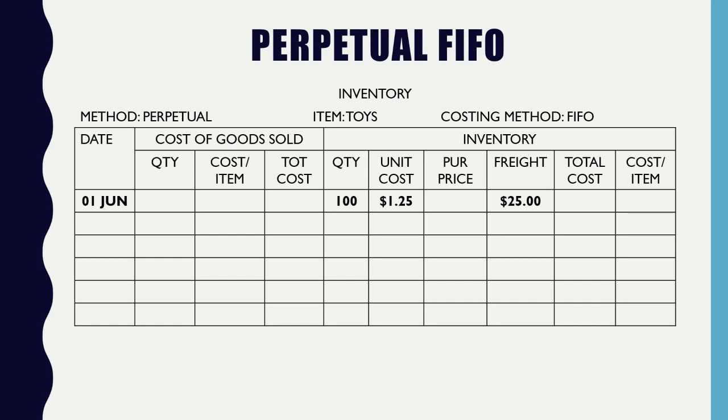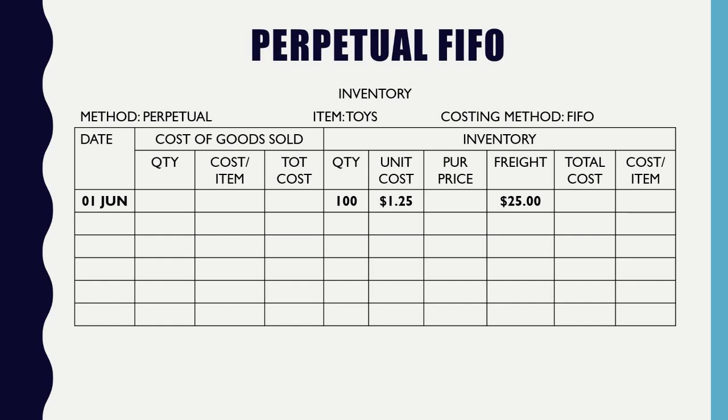But when we're dealing with purchases, the purchases formulas will stay the same, where you need to figure out what your purchase price is, what your total cost is, and what your cost per item is. So I plug it into my journal. Did I sell something? No. Did I purchase something? Yes.